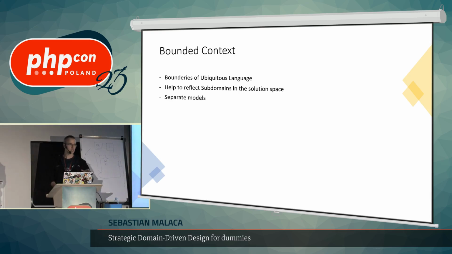It is a first step because it may change, depending on the problems you are solving. Sometimes a bounded context will map 2 subdomains. Sometimes we'll have multiple bounded contexts for one subdomain. It's still okay, but a good starting point is to have a one-to-one mapping. What is tricky? Separate models. Why is that?